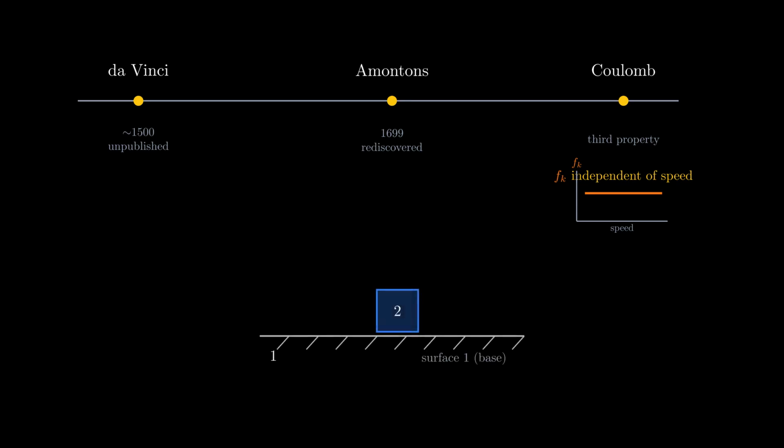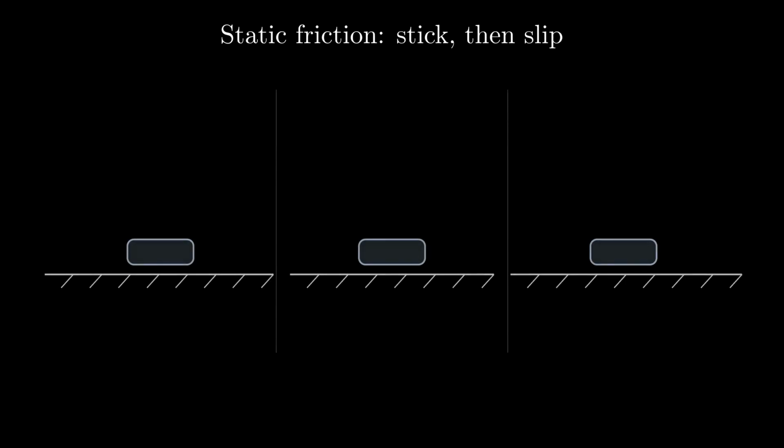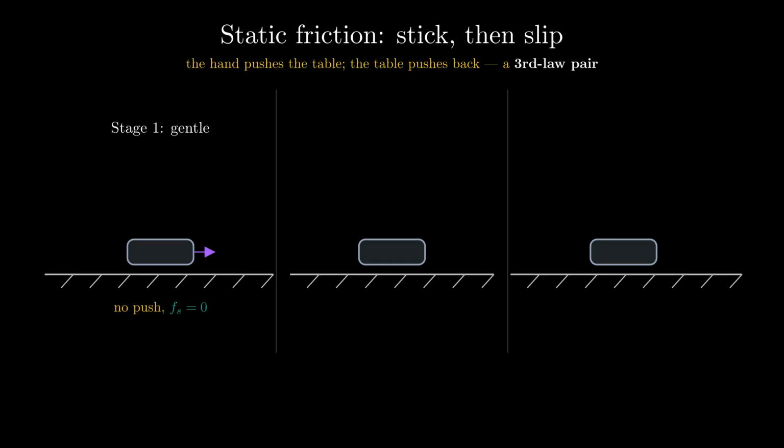To keep the bookkeeping clear, we label the kinetic friction on surface 2 as it slides over surface 1 with the ordered subscript 1, 2. Its direction is always opposite to the motion of surface 2 relative to surface 1. Friction fights the sliding. Now the second kind, static friction, the force between two surfaces held at rest against each other. It forms a Newton's third law pair.